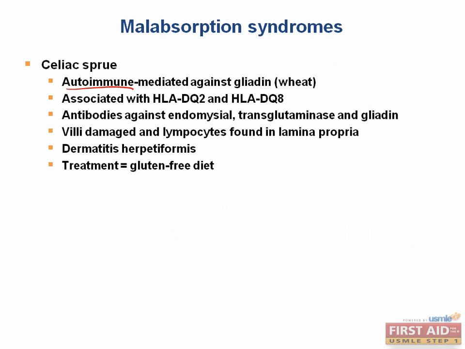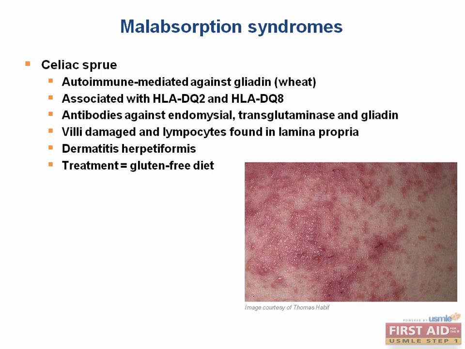Celiac sprue is basically an autoimmune disease in which autoantibodies recognizing gluten form and cause symptoms when patients eat wheat or certain grains. It is usually limited to the proximal small bowel. These patients may have a skin rash known as dermatitis herpetiformis, and there is a moderately increased risk of gastrointestinal malignancies.